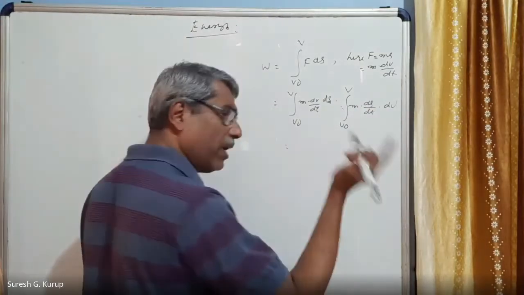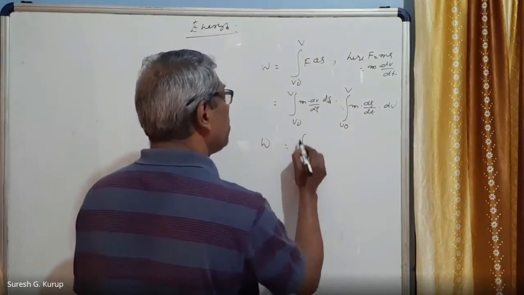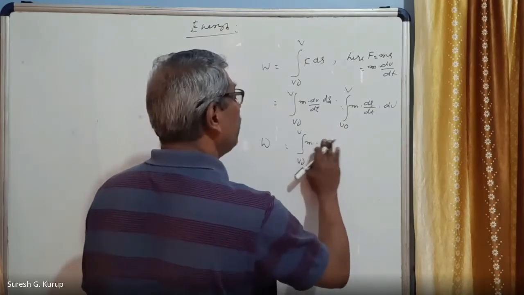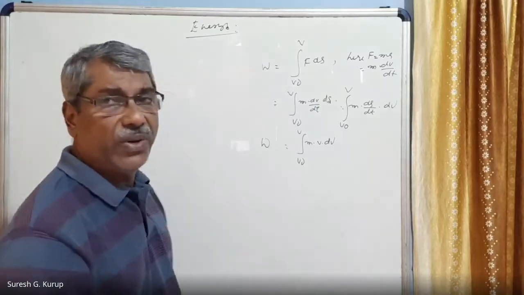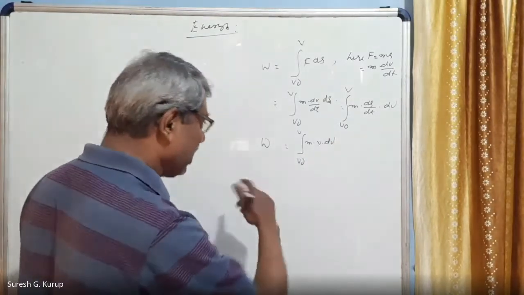Therefore, as we have done in the last case, W is equal to integral v0 to v of m v dv. Rate of change of displacement is equal to velocity. m can be taken outside.